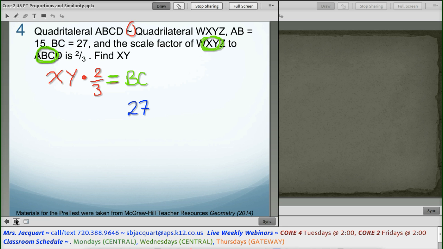So XY times 2/3 is 27. I'm going to multiply both sides by 3/2.